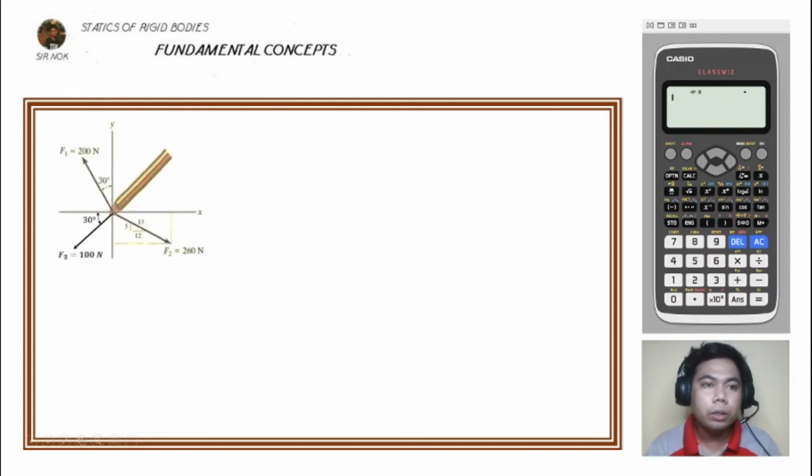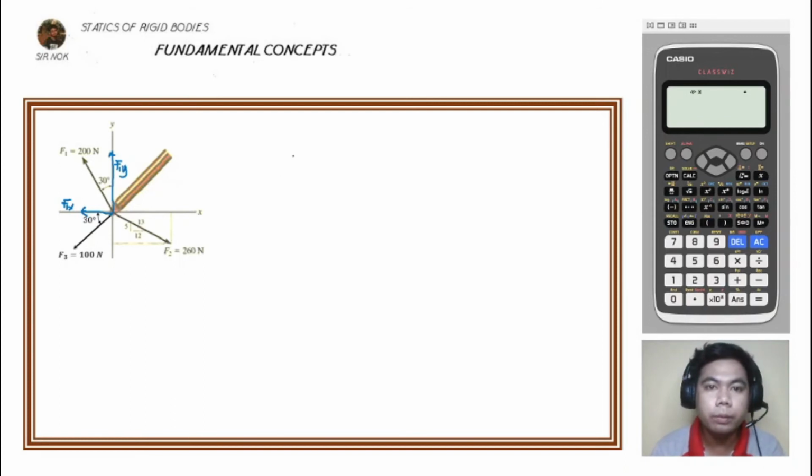So F1 is in quadrant 2, so the x component is to the left, so let's call it F1x, and the y component is upward, so let's call it F1y.